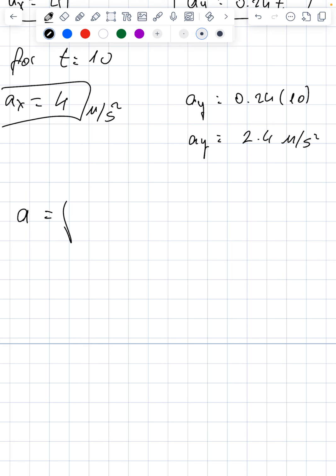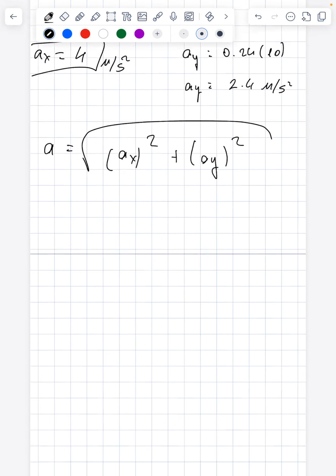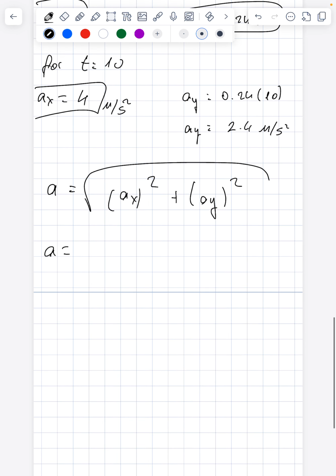I think you know right now how to find it: the square root of ax squared plus ay squared, which is the square root of 4 squared plus 2.4 squared.